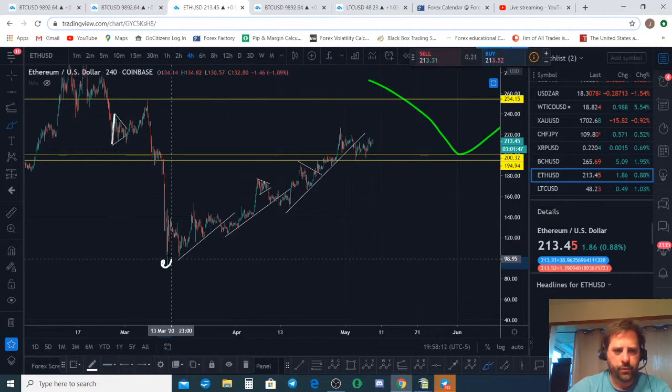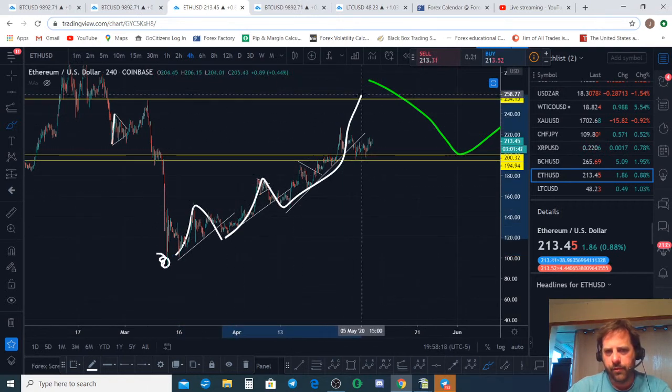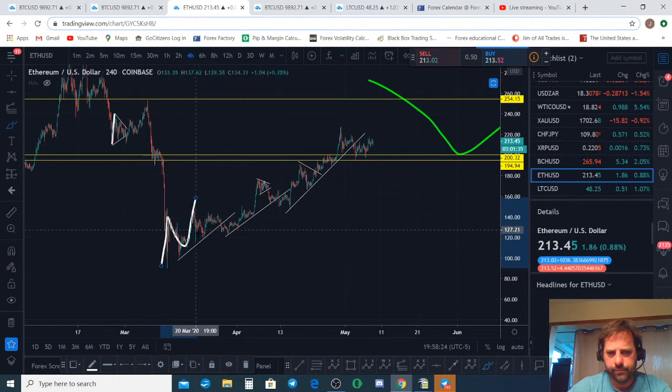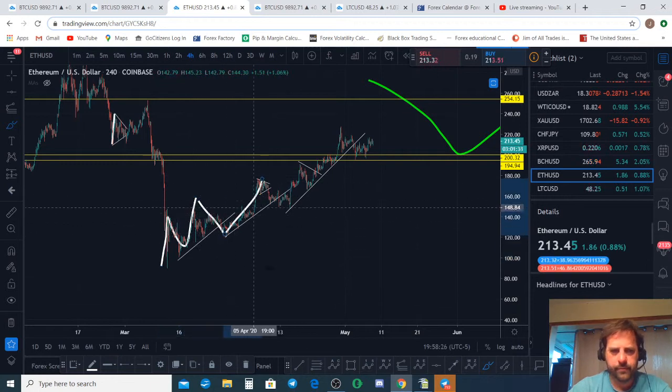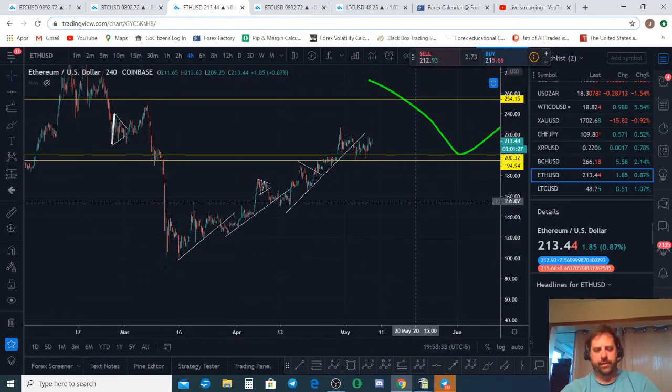If you exclude this wick down here, this is a 1-2. And we're in the middle of 3-4, so it's really, really bullish if you exclude that wick. If you don't exclude the wick, you got a three wave here. So that's the tough one for me. Do you exclude the wick or keep the wick? Don't know what to do.